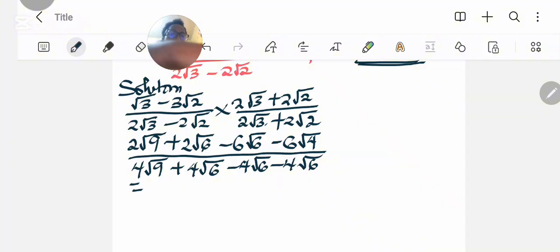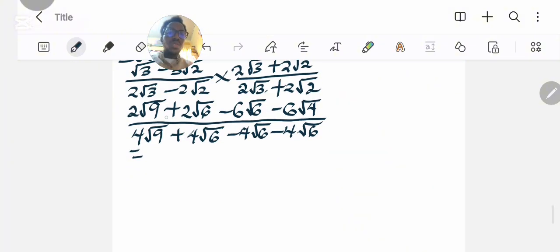So from here now, we have that square root of 9 is 3, 3 times 2 is 6. Now, at this middle, we have 2 root 6 minus 6 root 6. That's going to give us minus 4 root 6, minus the square root of 4 is 2. 2 times 6 is 12. All divided by square root of 9 here is 3. 3 times 4 will give you 12.